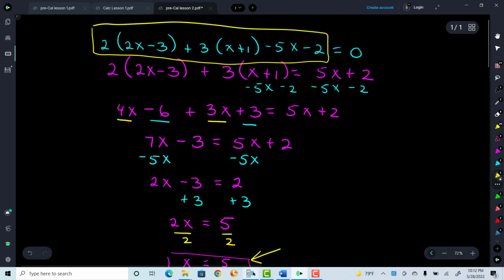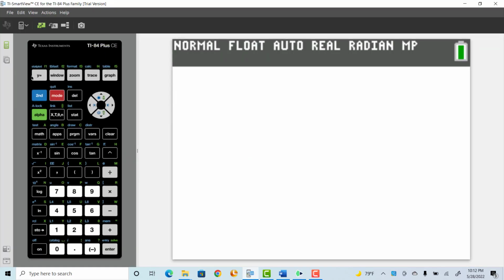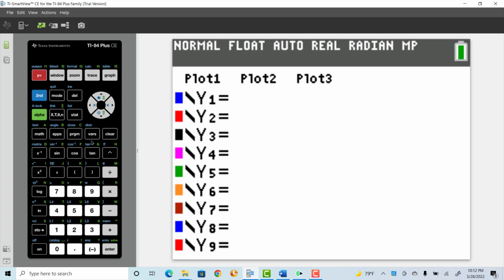How could I check that on my calculator? Well, there's two ways. First off, I'm going to put the entire thing in y equals. So we have 2 times 2x minus 3 plus 3 times x plus 1. And then remember, I subtracted 5x and I subtracted 2.